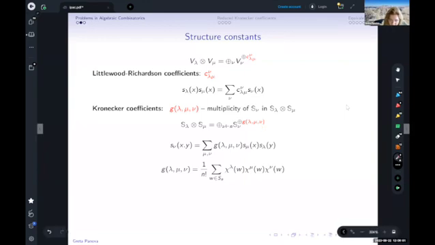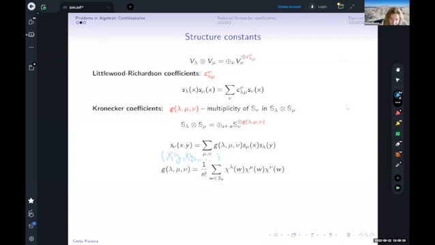These are the Kronecker coefficients. Using Schur-Weil duality, we can study them with Schur functions, where x times y means that we take all pairwise products: x1 times y1, x1 times y2, and so on and so forth.